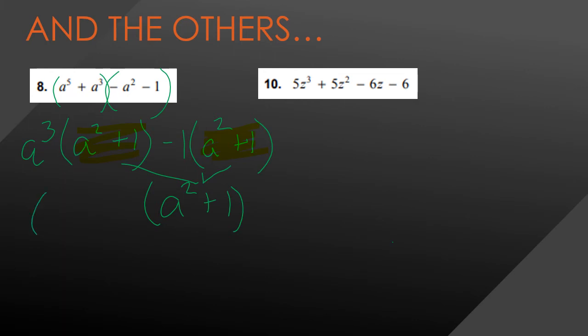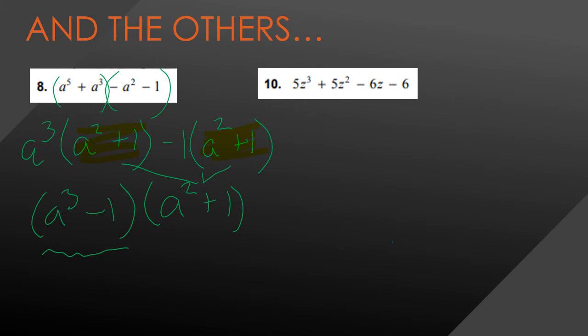And I'm left over with a cubed minus 1. Now later in this section, we're going to learn how to factor a cubed minus 1, but that's in a different video. So once we get to that portion, you'll know how to factor completely, because that one could be factored more just by this part. Okay, but right now we haven't gotten to that yet. We're going to do a little bit at a time.